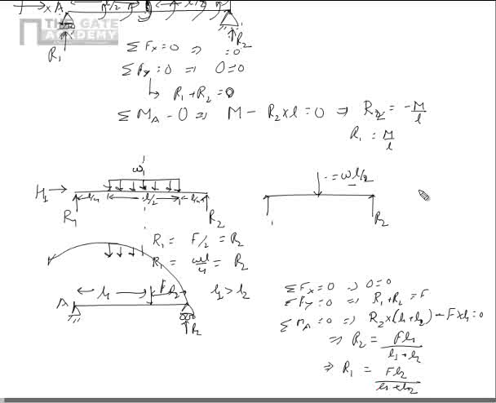That's an important result in the sense that the reaction R2 has L1 in numerator, and the reaction R1 has L2 in numerator, and the rest two quantities are all constants, F and L1 plus L2 are constant for a given beam.